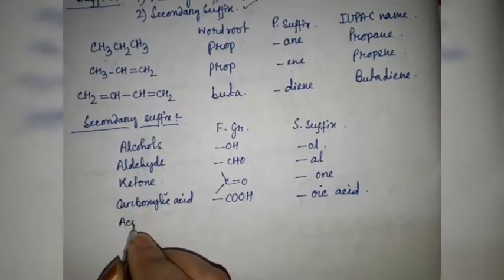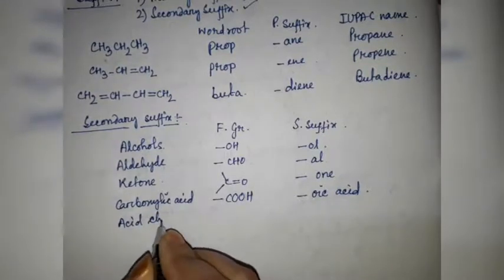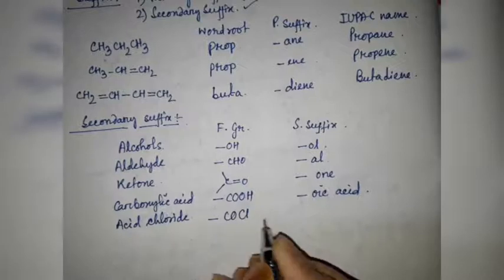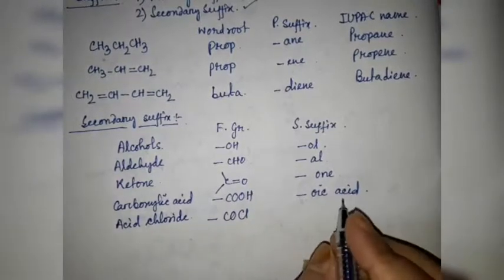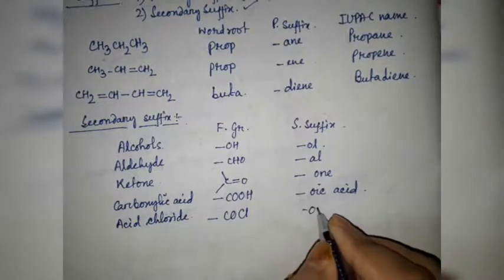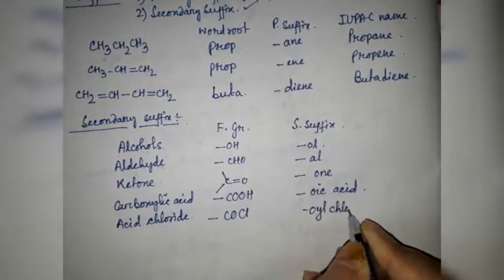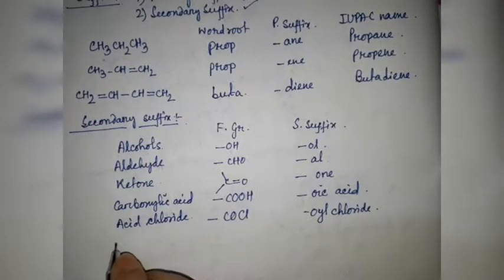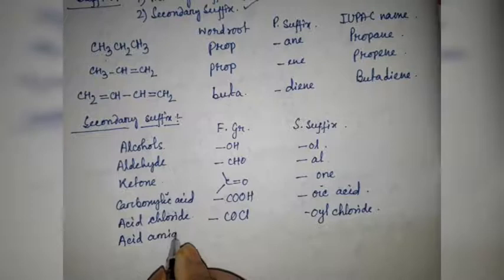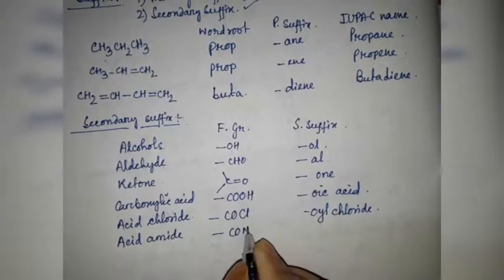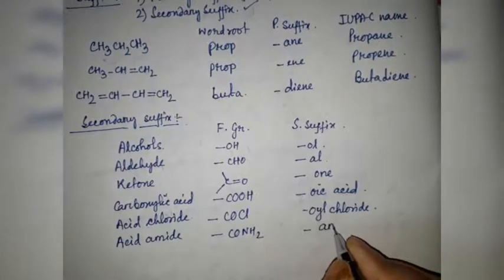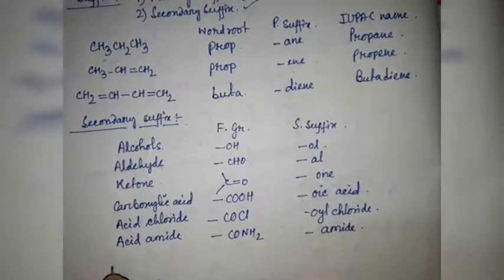If acid chloride is there, COCl is the functional group and the secondary suffix will be oyl chloride. And if it is acid amide, CONH2 is the functional group and the secondary suffix is amide.